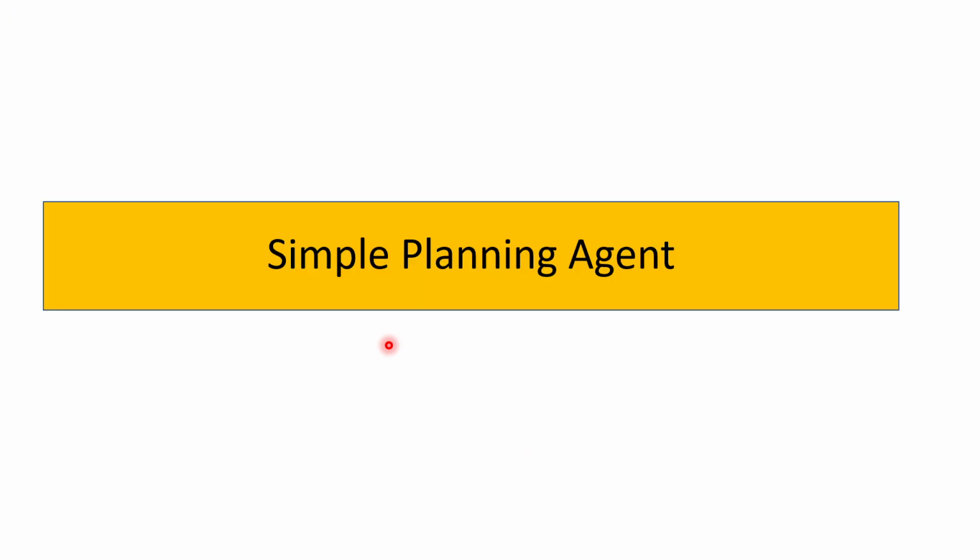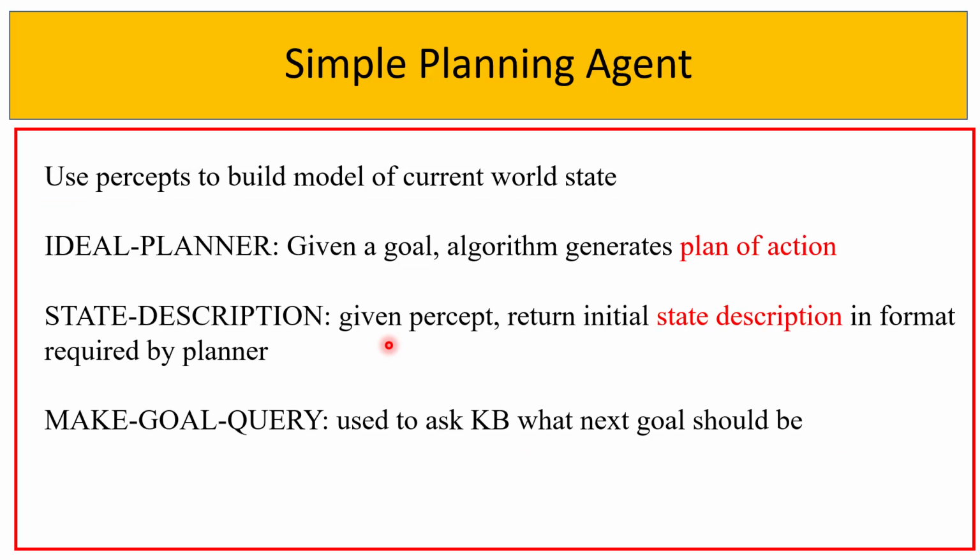Simple planning agent. The perception is used to build a model of the current world status. We can make use of functions like ideal planner, state descriptions, and make goal query. For example, the ideal planner, given a goal, generates a plan of actions.